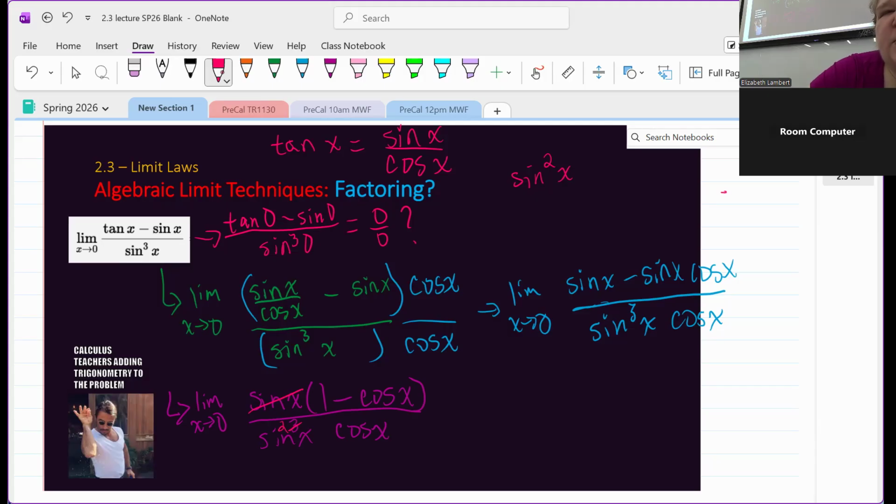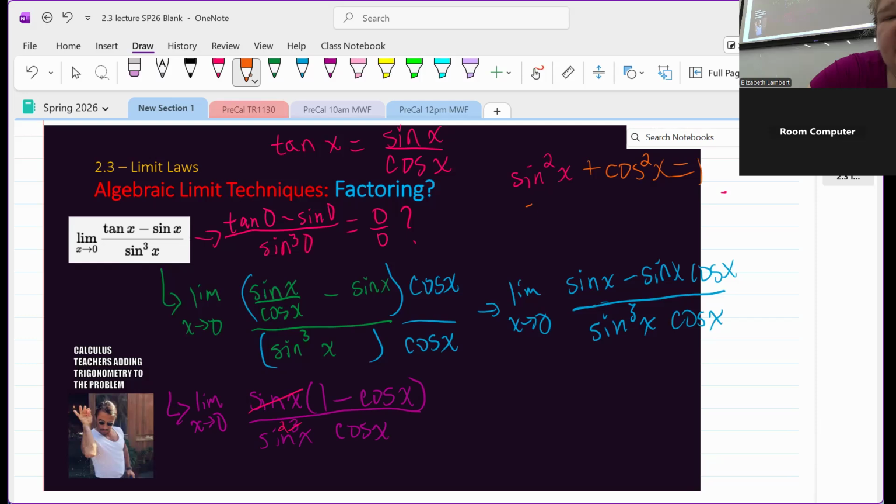So 1 minus sine squared x would equal cosine squared. Now, why does 1 minus sine squared equal cosine squared? Where do we usually get that from? If I rearrange that, what's sine squared plus cosine squared? Yep. Sine squared plus cosine squared is 1.